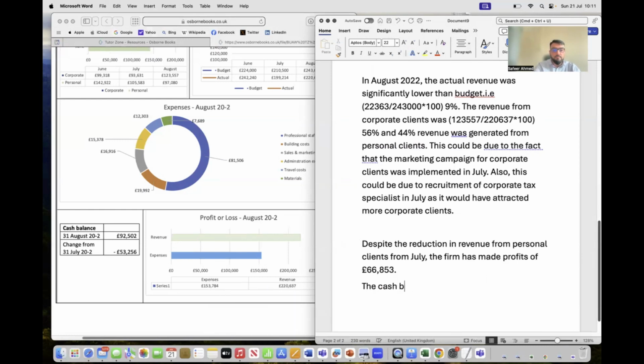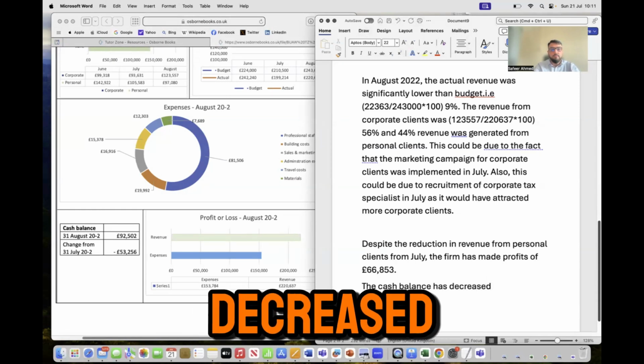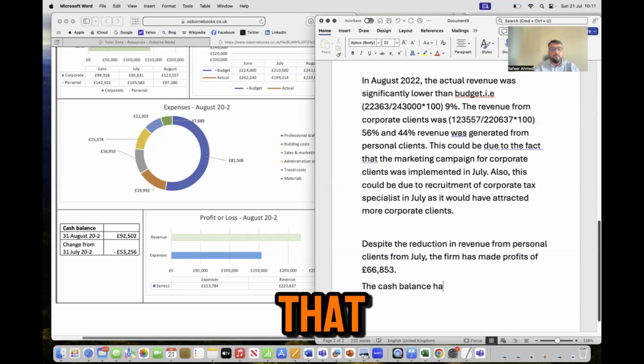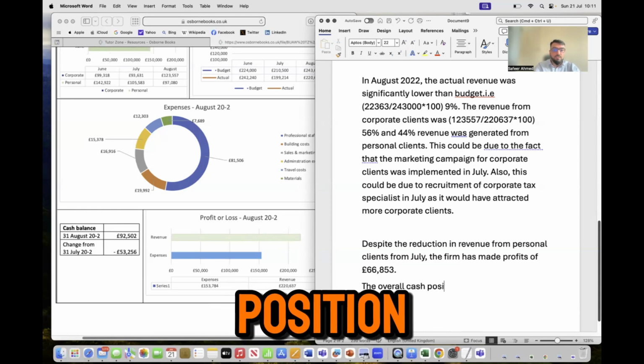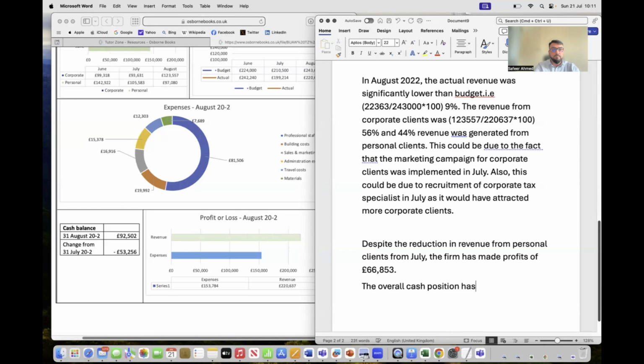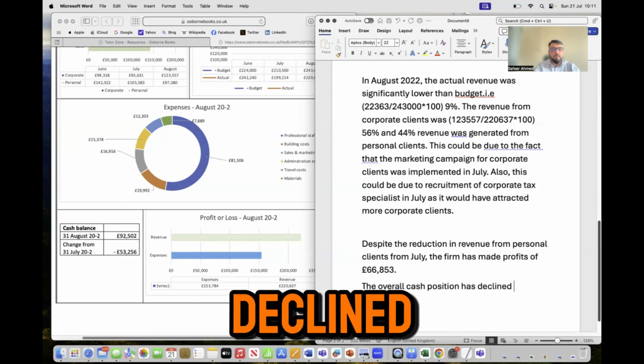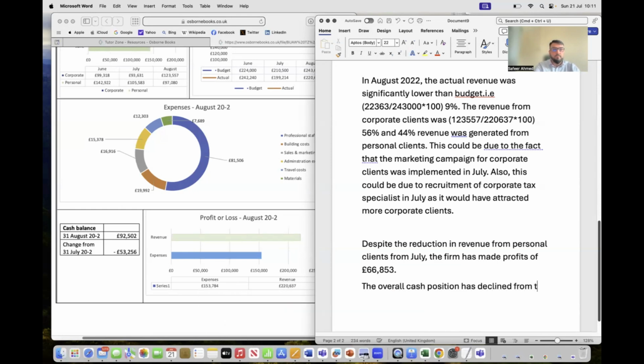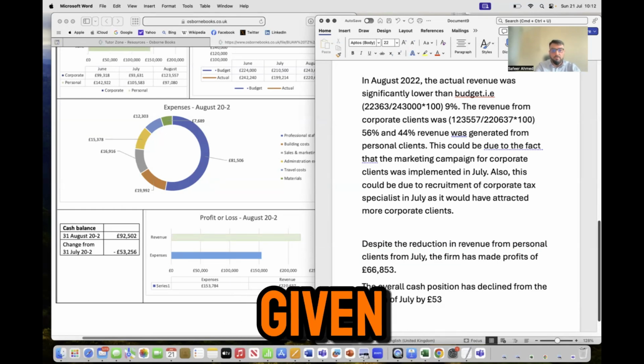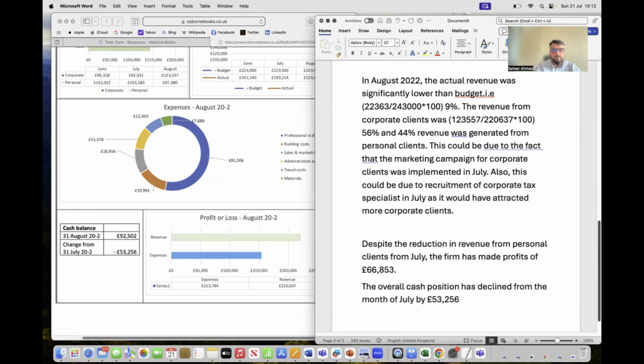So the cash balance has decreased, or you can say that the overall cash position, you can use that word as well, has declined from the month of July by 53,000, which they given you that information.